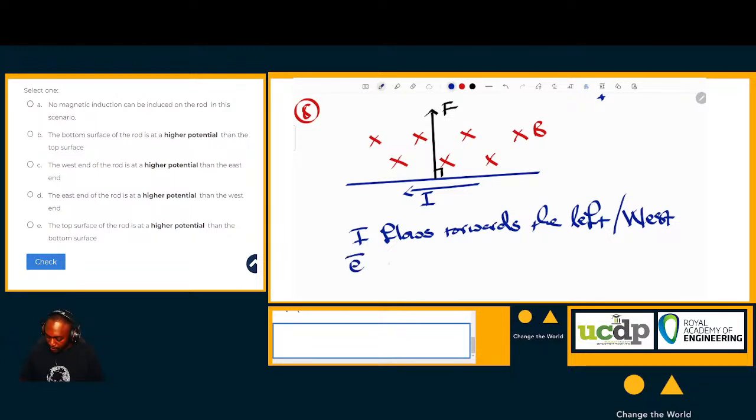So the electrons drift towards the east. Okay, I went vice versa. Towards the right, which is the east.